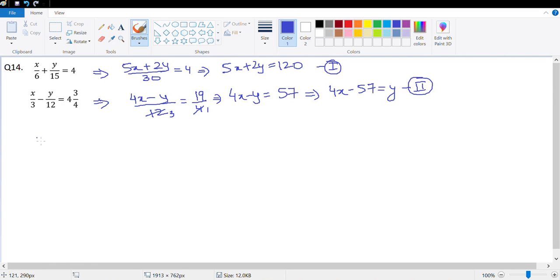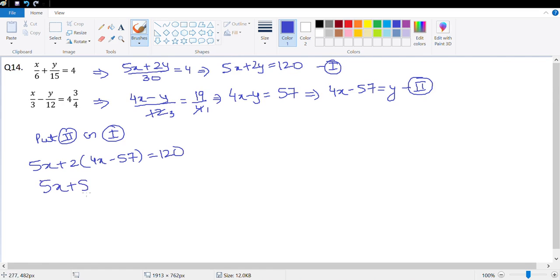So now put equation 2 in equation 1 and let's see what we get. Instead of y, I'm putting 4x minus 57. So this is 5x plus 2 times (4x minus 57) is equal to 120. That's correct. So this is 5x plus 8x minus 114 is equal to 120.